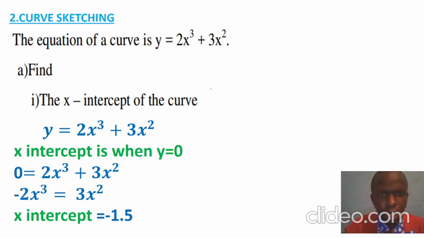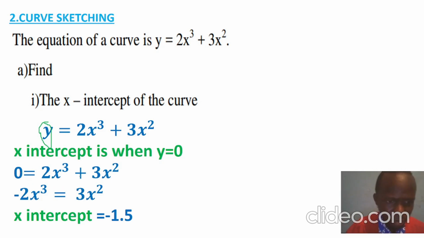So what we are going to do here, we are going to substitute 0 where we have y, so that our equation becomes 0 is equal to 2x cubed plus 3x squared.